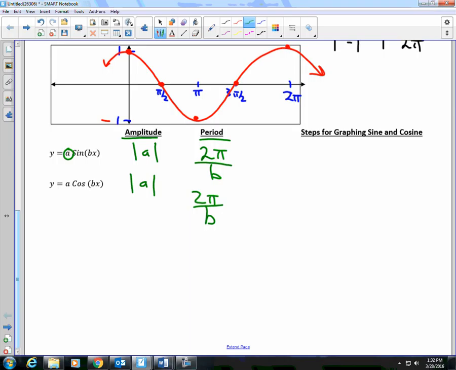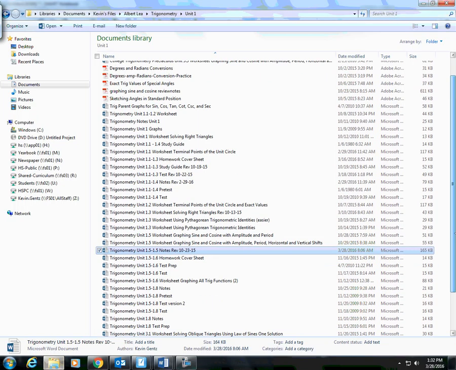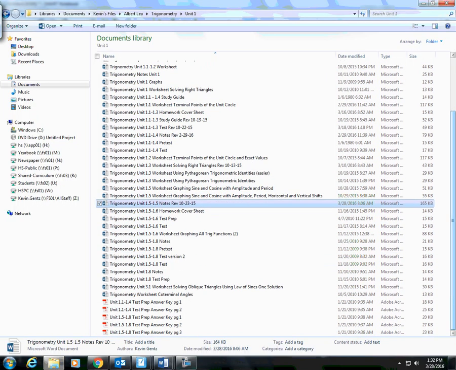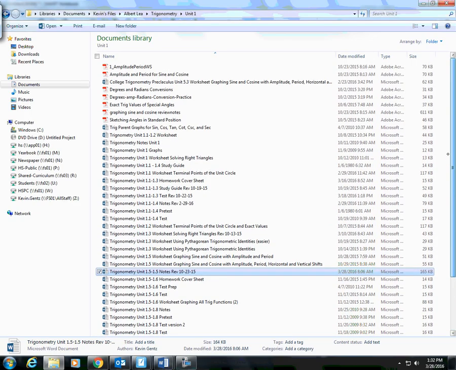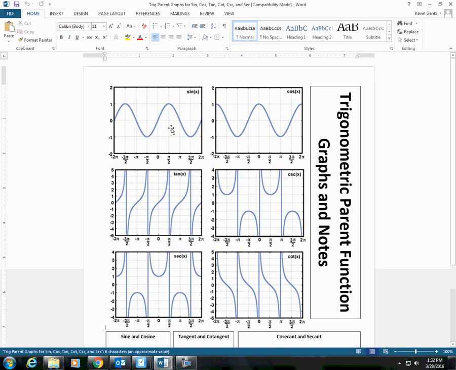Everybody flip to the very back sheet in your notes. This is the sheet that you get to use on the test, and I will also give you this to use for your final exam.